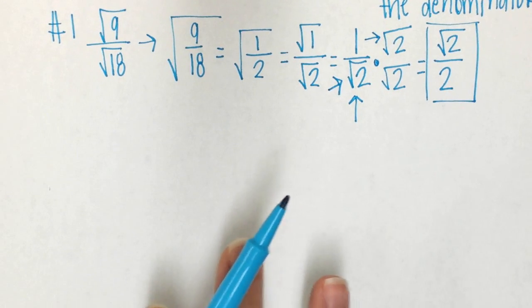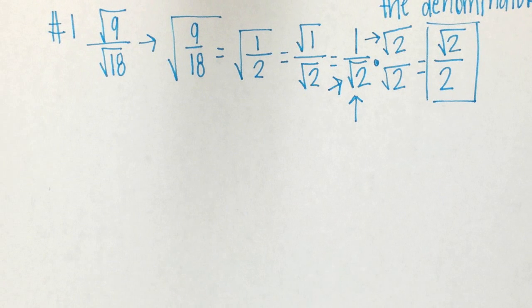Do you know how you practice this? Do you know how this becomes perfect? Practice. Lots of practice. Practice makes perfect. Yes. Okay. What if I told you I'm not letting you use a calculator on this test? I can't. You have to. Okay?